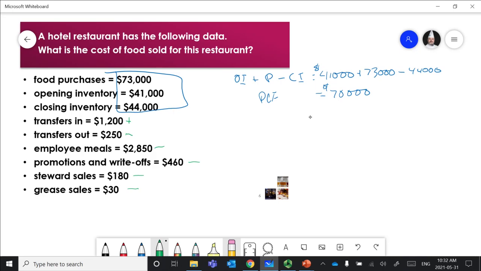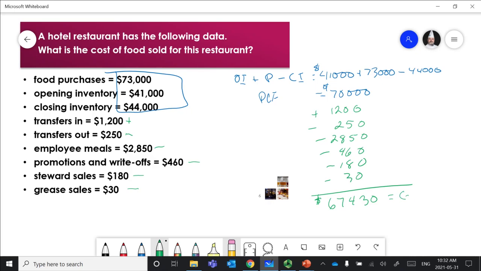So from our $70,000, we're going to add $1,200. And then we're going to subtract $250, subtract $2,850, subtract $460, subtract $180, and subtract $30. That gives us now a total cost of food sold of $67,430. That's our cost of food sold.